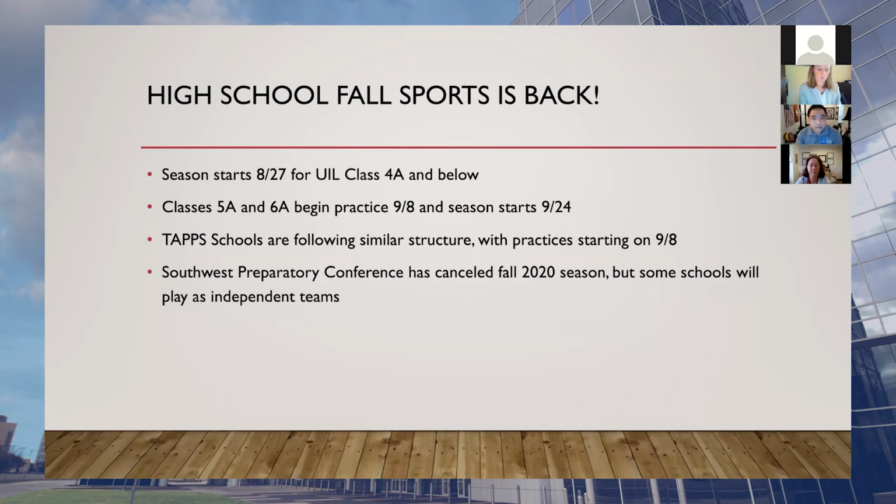With the bigger high schools, classes 5A and 6A, they're going to begin practice after Labor Day, and then the season for volleyball, cross country, and football will start at the end of September. So the season will go up until the first week of December, with possible state championships in January. So it just got pushed by a month.